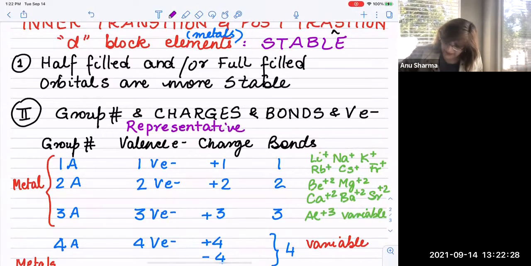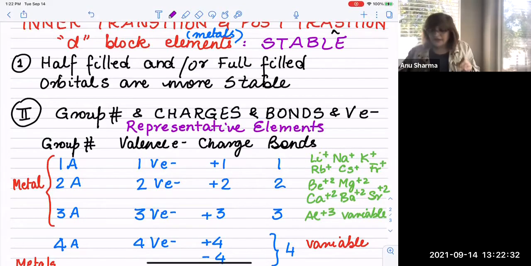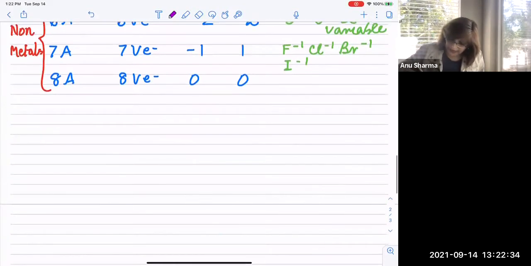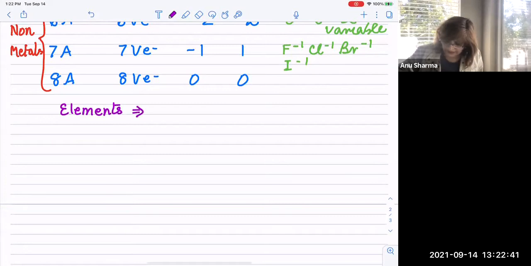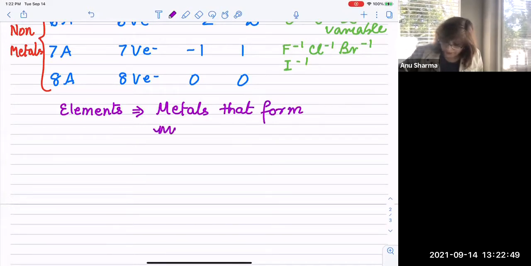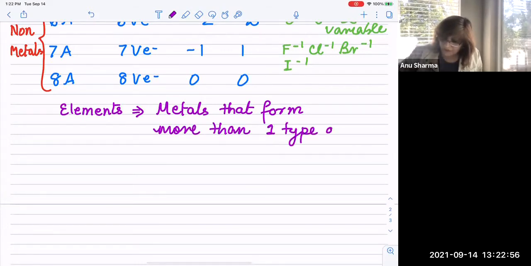Representative elements. Okay, representative elements. Next, we are going to look at the elements which are metals that form more than one type of positive charge.